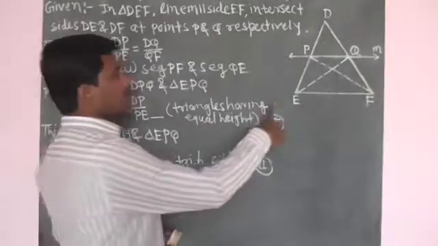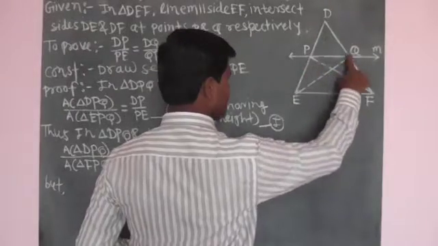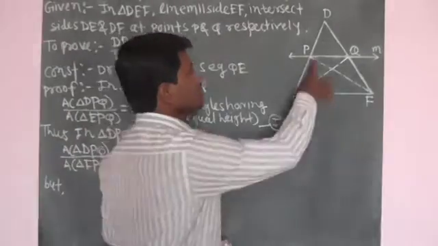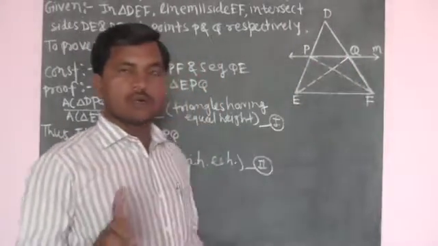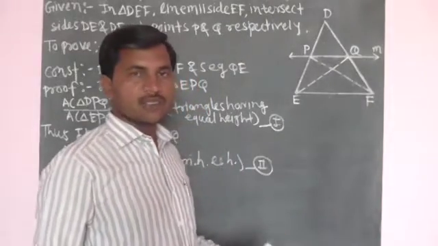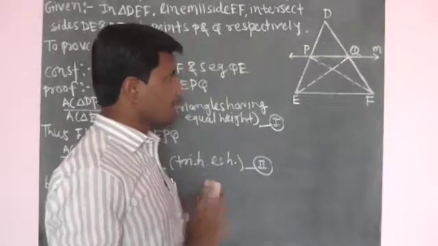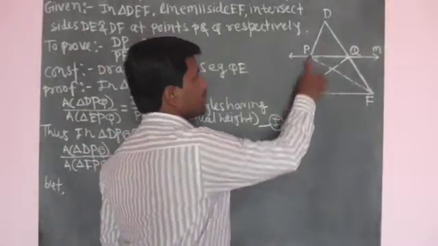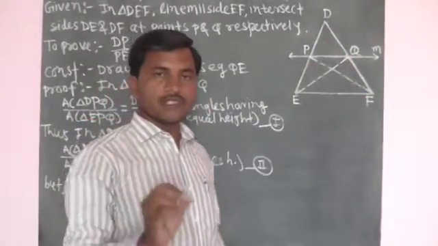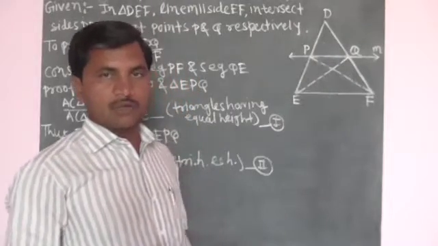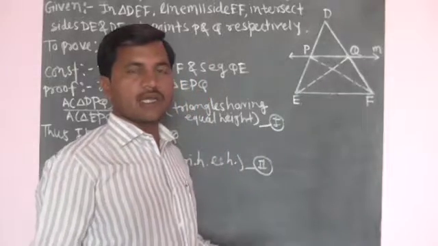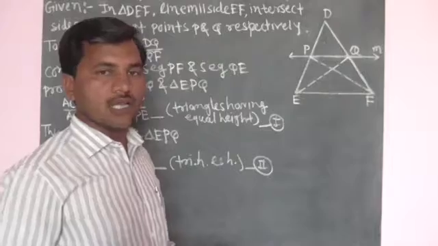But here the area of triangle EPQ is equal to the area of triangle FPQ, because they have the same base PQ and both triangles are between the parallel lines. When two triangles are between parallel lines, the heights of the triangles are equal. So for triangle EPQ and triangle FPQ, the base is common and the height is equal. And we know that when two triangles have the same base and equal height, their areas are equal.